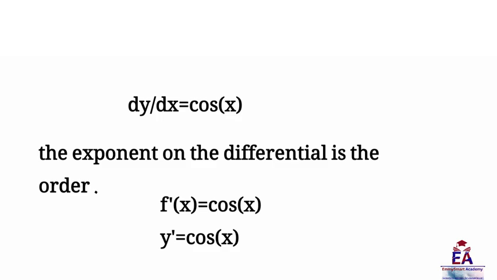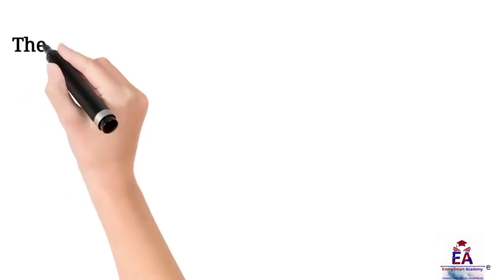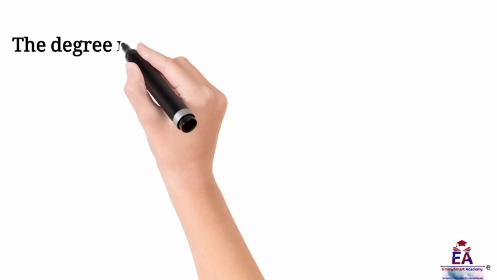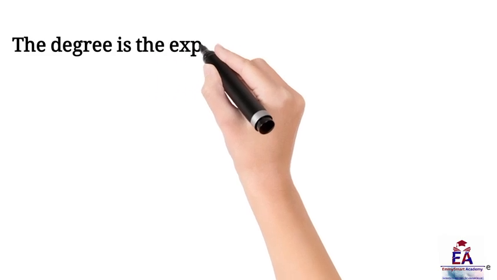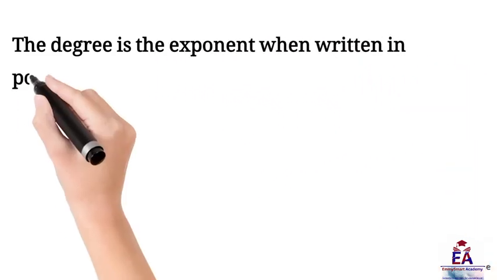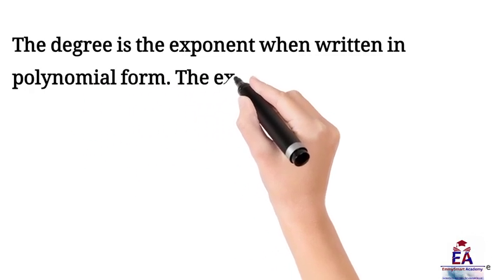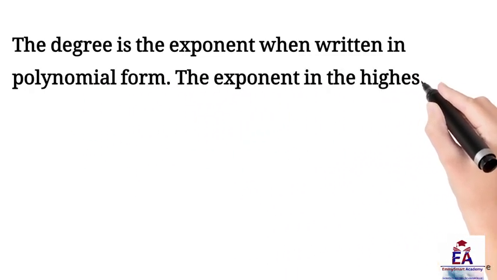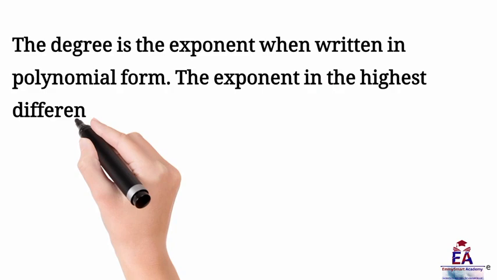So what else are we going to look out for? The degree now. What is the degree? To get the degree, it is basically the power, or the exponent, on the highest differential, the highest order differential, right?